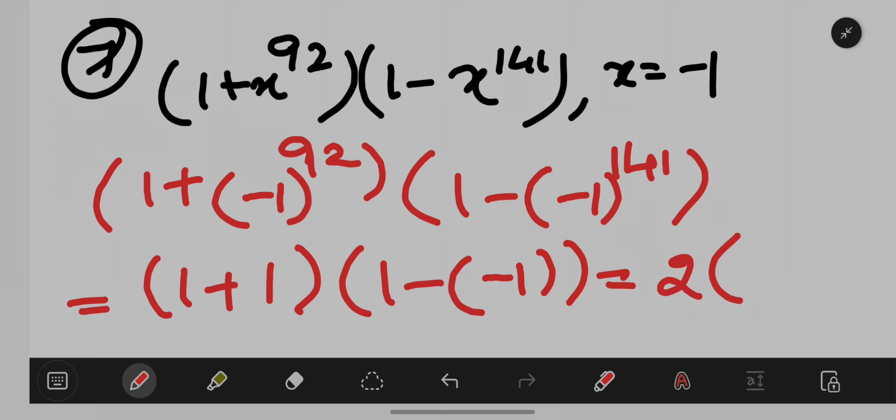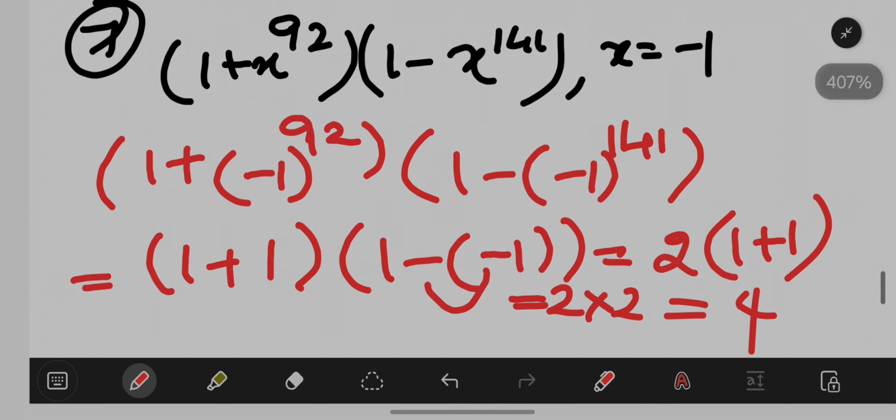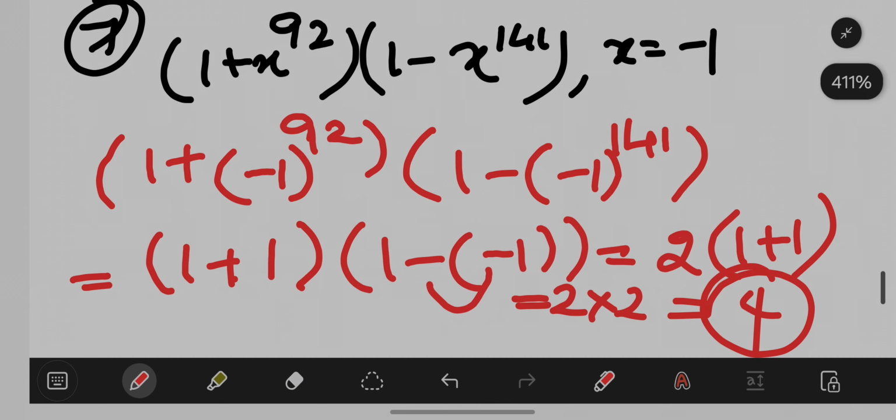Here minus into minus is plus, so 1 plus 1. So 2 into 2 is 4. So the final answer is 4.